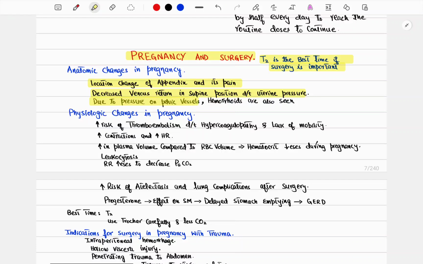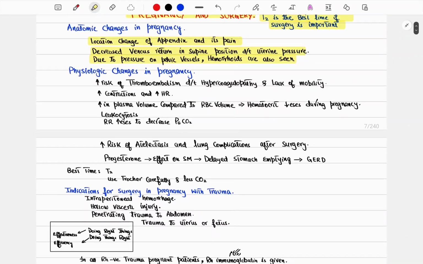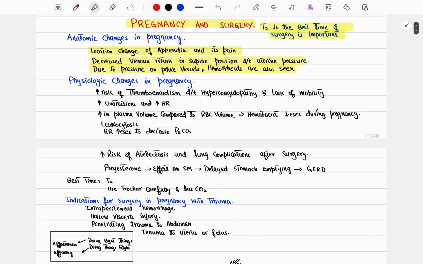Then due to pressure of the uterus on the pelvic vessels, hemorrhoids are also commonly seen in pregnant ladies. Now there are some physiologic changes which occur in pregnancy. There is increased risk of thromboembolism due to hypercoagulopathy and lack of mobility.